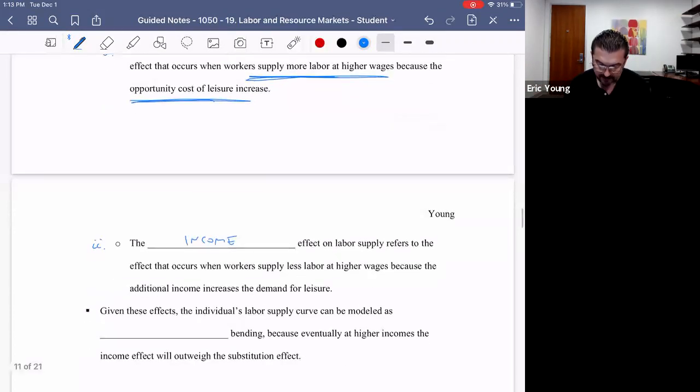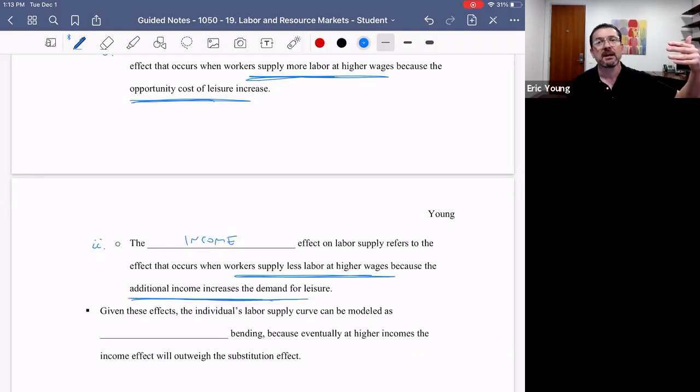That's the substitution effect. The income effect, on the other hand, refers to the opposite. The income effect suggests that workers will supply less labor at higher wages because as you make more and more and more money, you don't need to work as much.